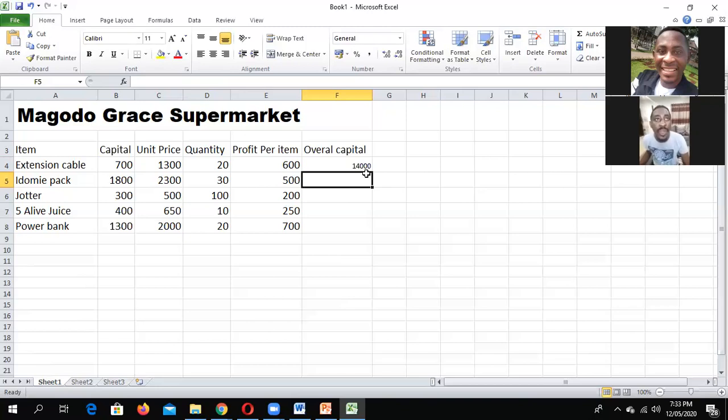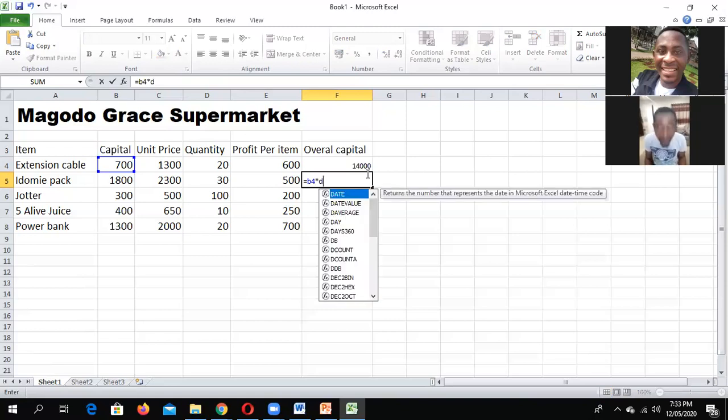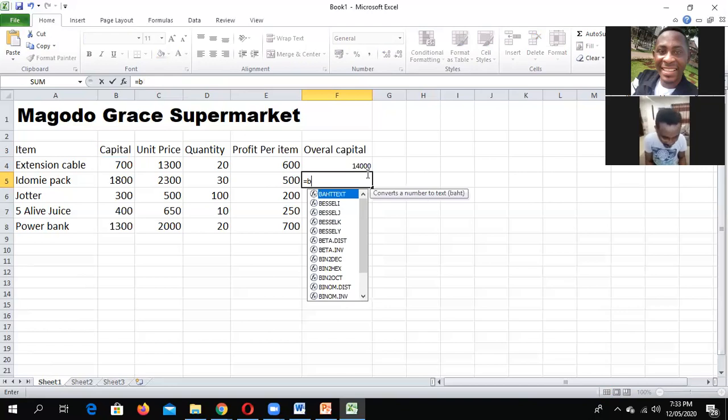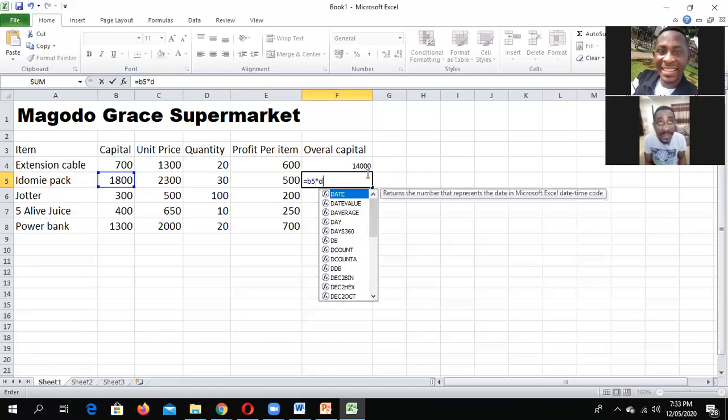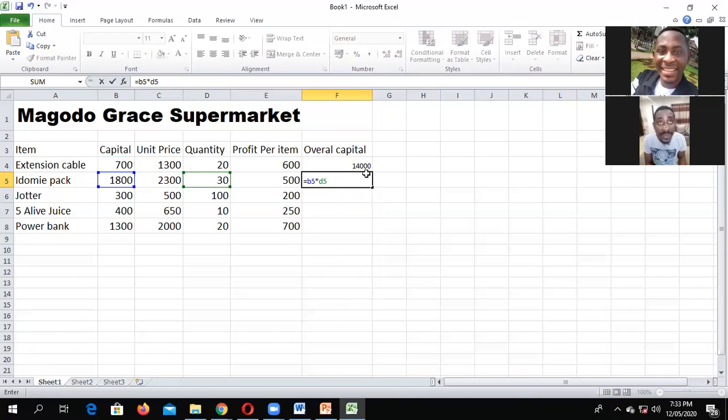So we will go ahead to do the same thing for Indomie. We'll say equals to B5 times D5, and that is what they spent on Indomie.